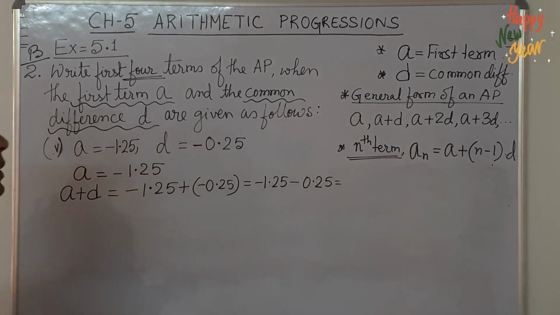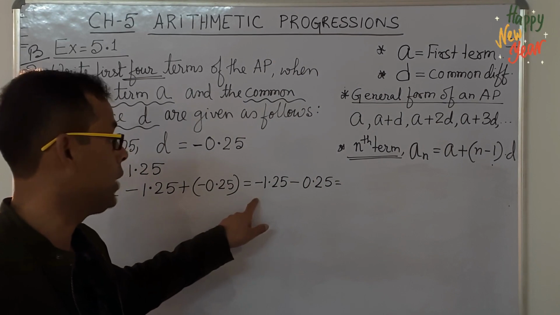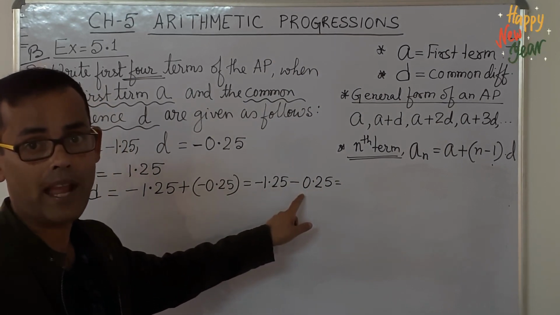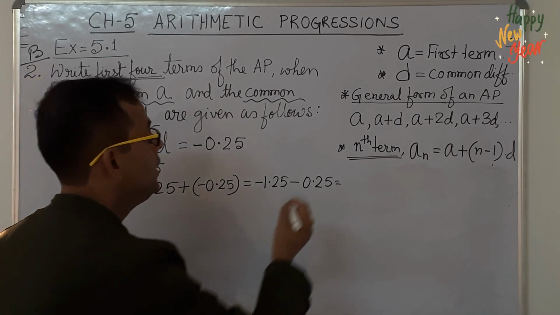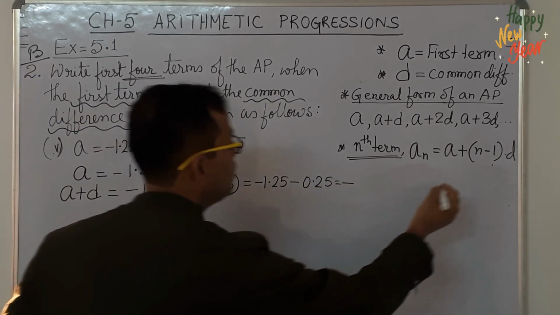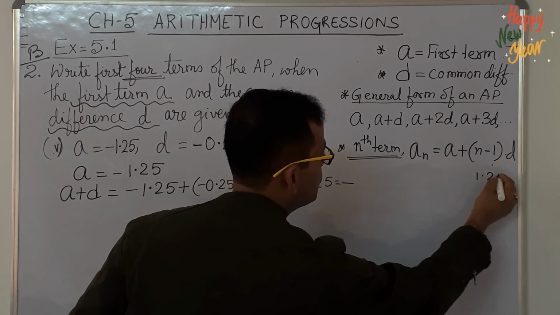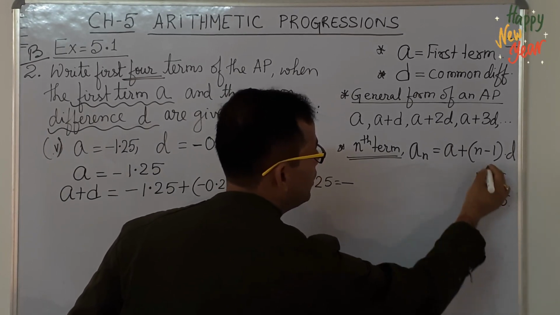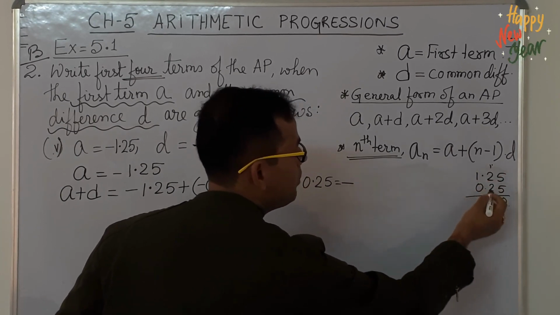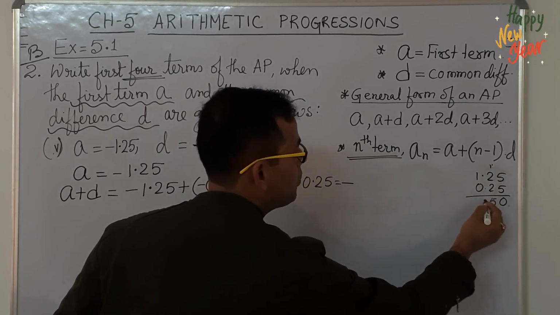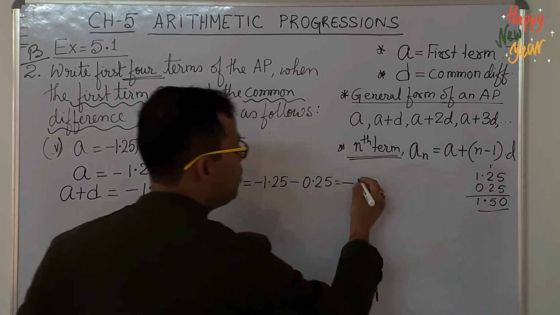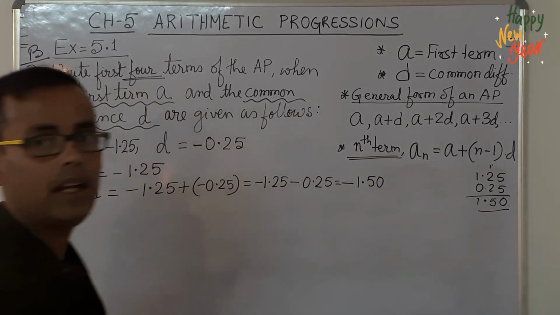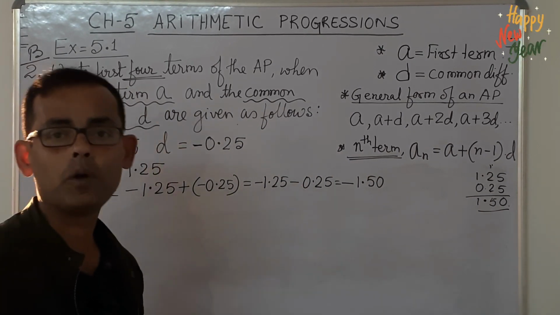Now how much it will be? Minus 1.25 minus 0.25. Both are minus minus. That means we have to add same sign, but the sign will be minus. So we will add 1.25 and 0.25. So 5, 2 plus 1, 3, 1, point below point. So what you get? 1.50. Clear? You can write minus 1.5 also.